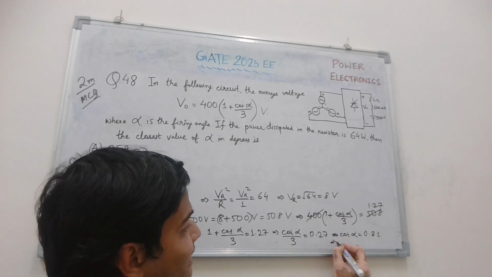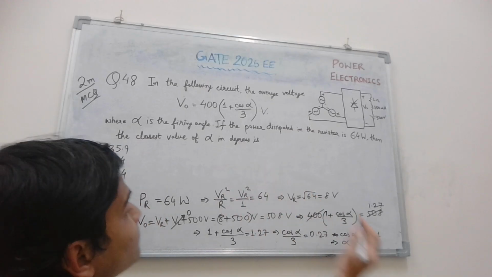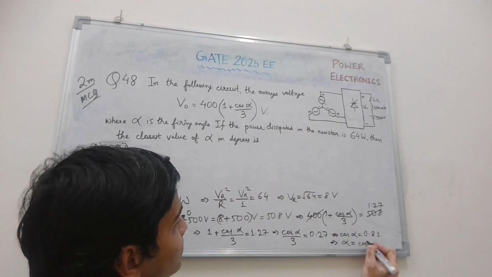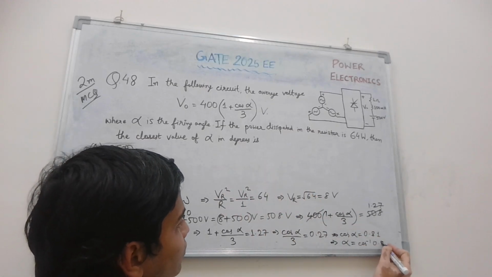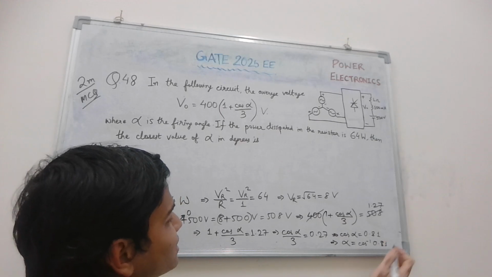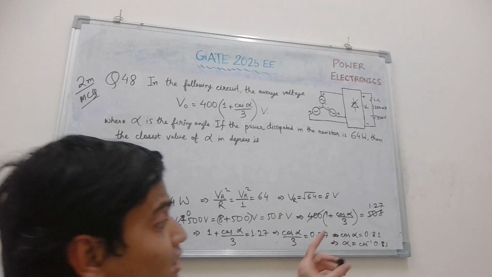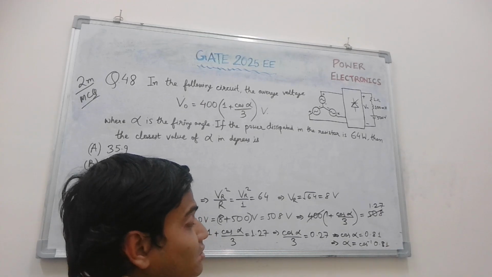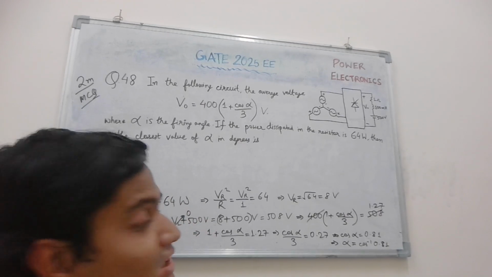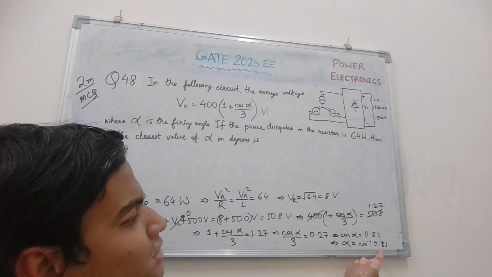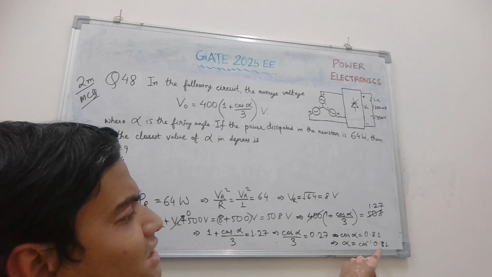So we get the firing angle alpha as cos inverse 0.81. We know that the value of cos inverse 0.8 is 36.87 or 36.9 like that. As cos theta decreases with the increase in theta, cos inverse 0.81 will be slightly less than 36.9.